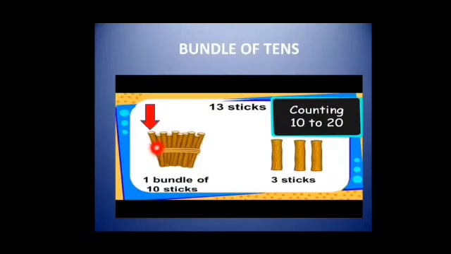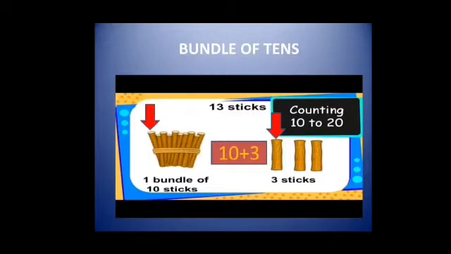Yes, shall we go? 1, 2, 3, 4, 5, 6, 7, 8, 9, 10. And the counting should continue from the second arrow symbol, that is 11, 12, 13. So together we have 13 sticks. How to write this?